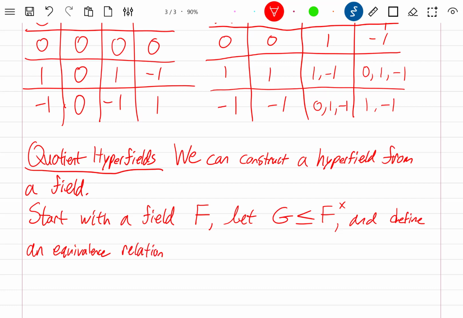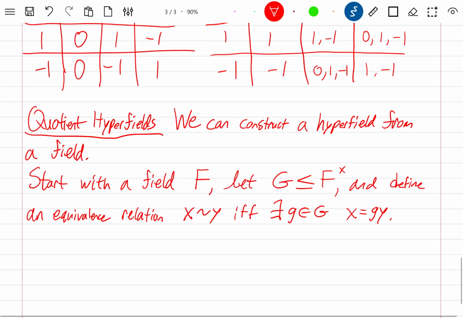The equivalence relation is: x is related to y if and only if we have some element g of our group G such that x is g times y. So x and y are the same up to multiplication by some element of our group.